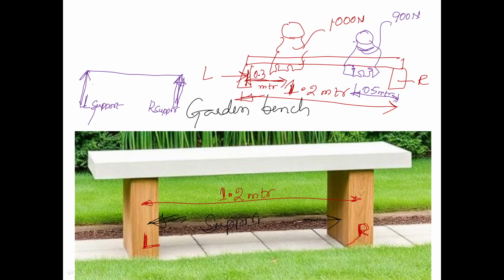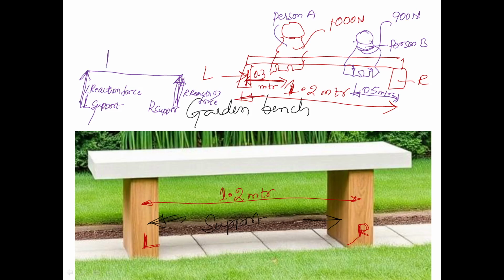We are going to call that a reaction force. On the left side you've got one reaction force and on the right side also one reaction force. Now we're drawing the support diagram. This is person A, and this is person B.